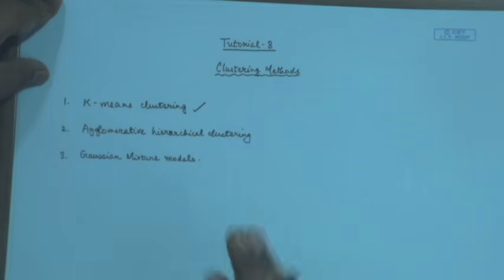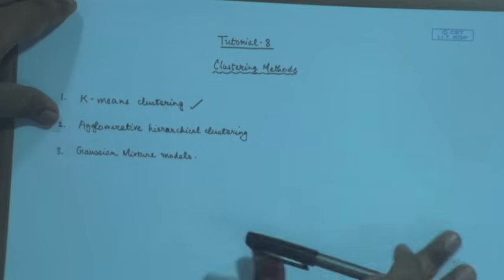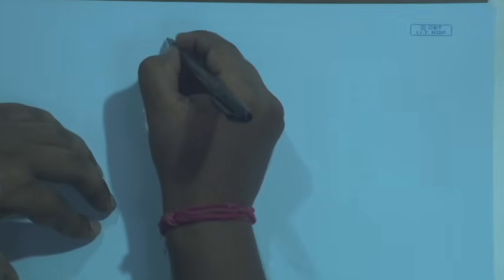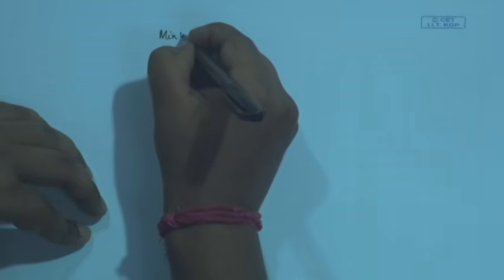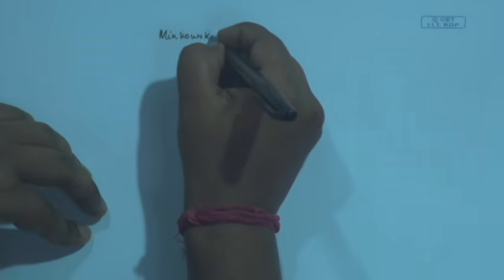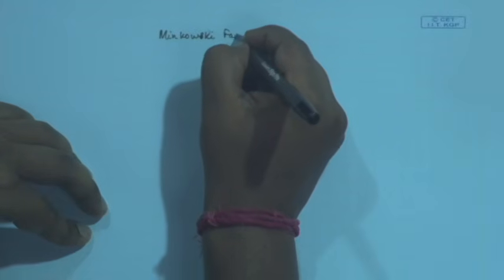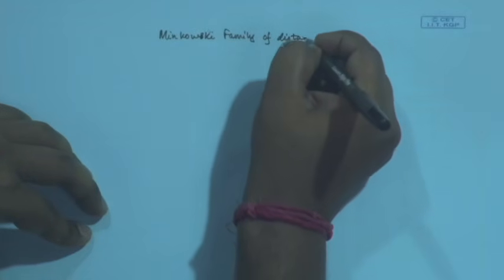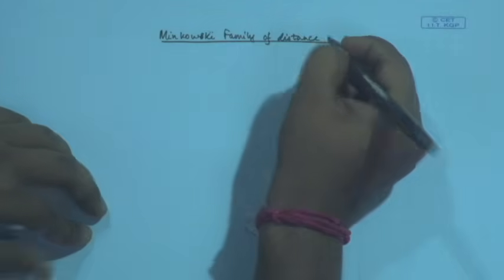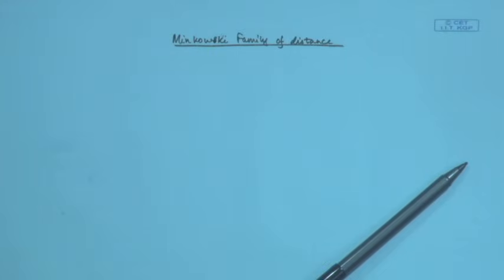Let's first look at K-means clustering, and before going into clustering, let me talk about an important family of distances, which is called the Minkowski family of distances. So a distance function is a function which gives the distance between two points in a particular space.